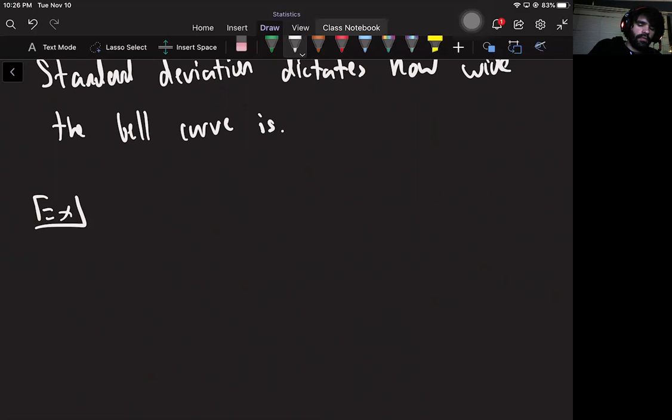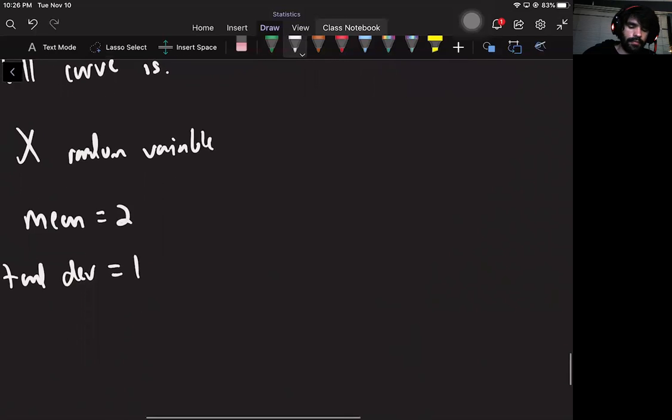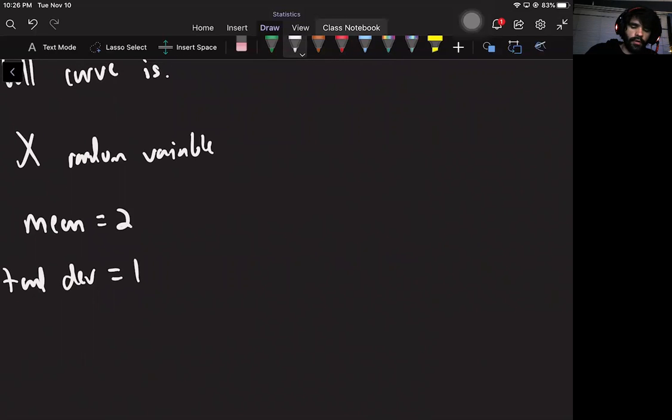So if I have a random variable x, and I know that the mean is 2, and I know that the standard deviation is 1, then I can draw my bell curve. But again, the sneaky trick is first you draw the curve, then you label it.